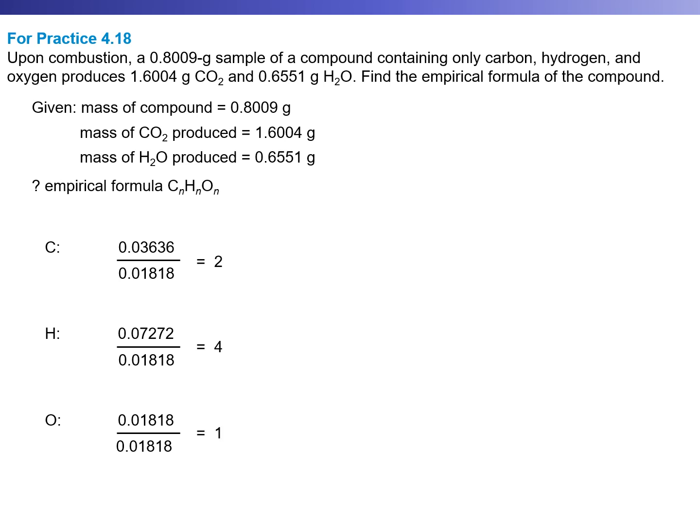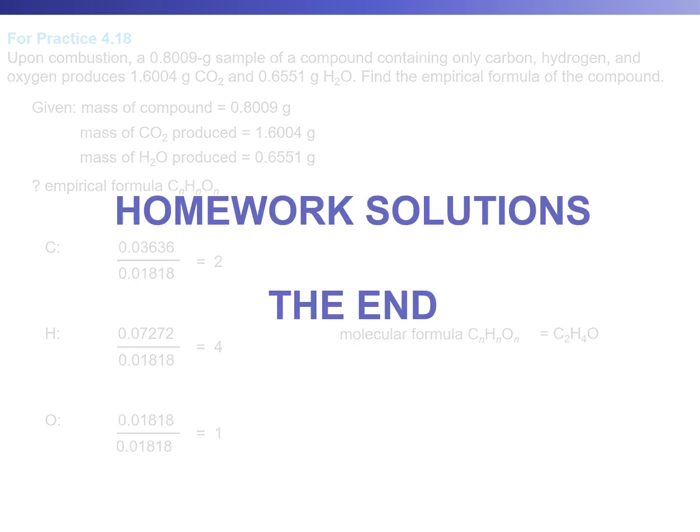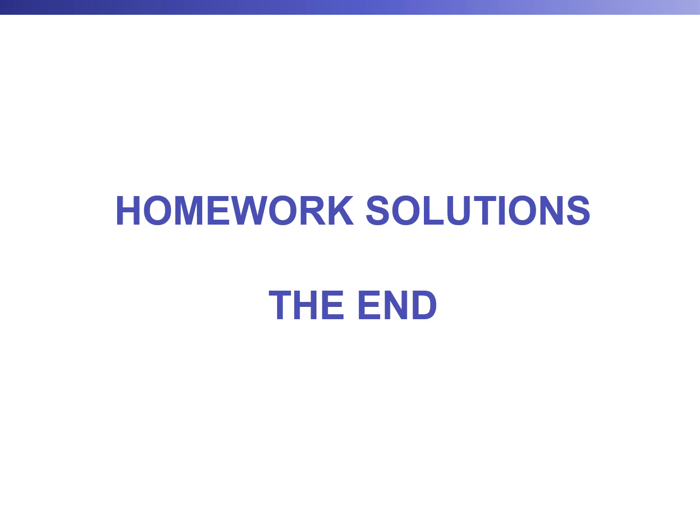And at this point, we have found what's going to go in the subscript of our molecular formula. So the molecular formula for this compound is going to read that we have 2 carbons, 4 hydrogens, and 1 oxygen. And with that, we're done with Unit 4 homework.